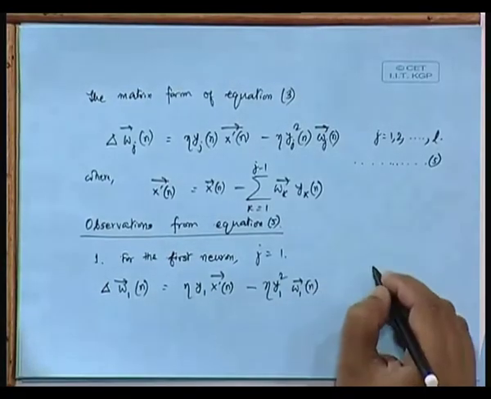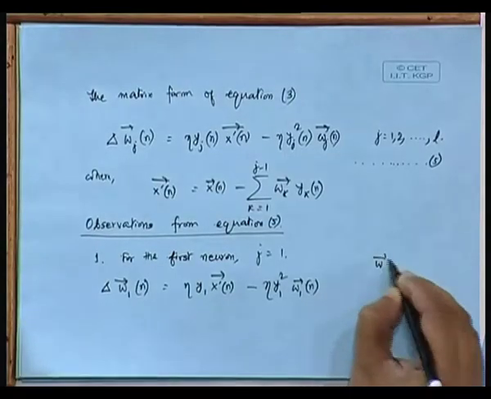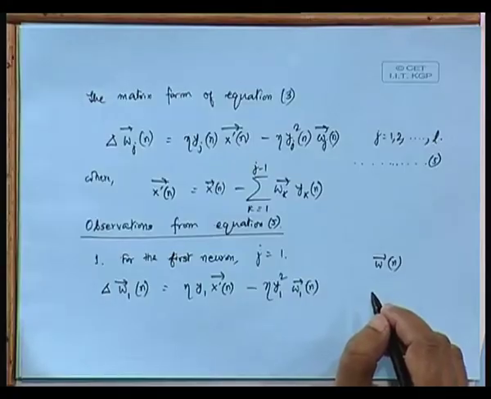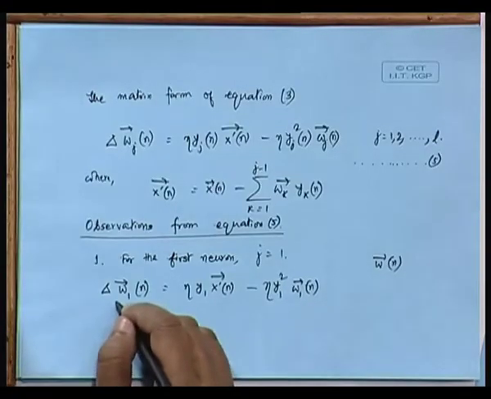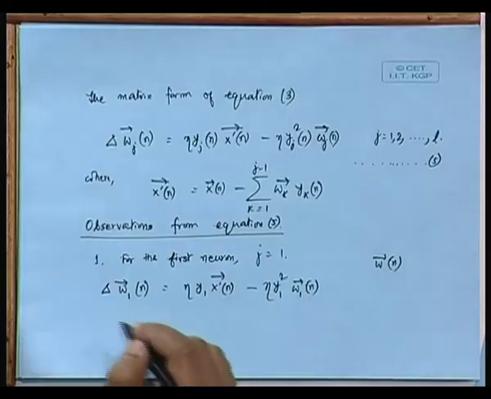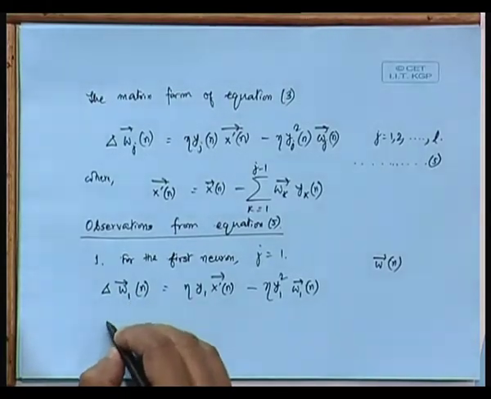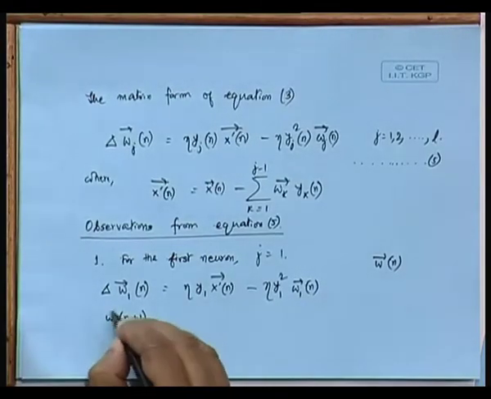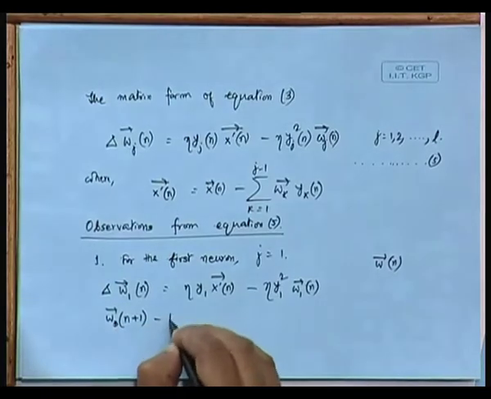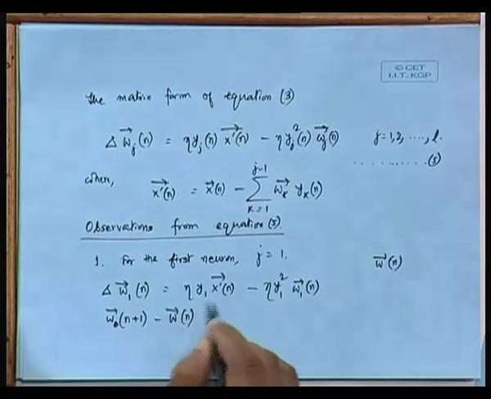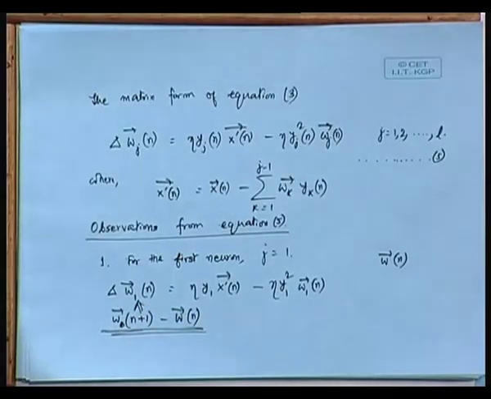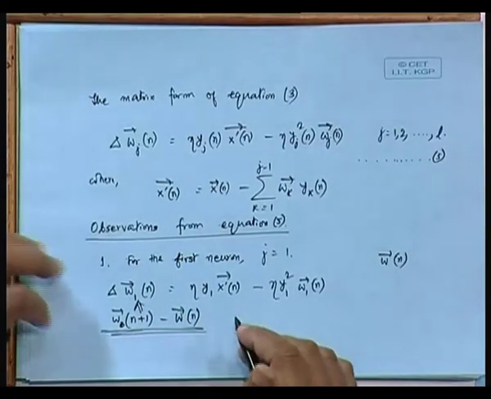Now, instead of W1 n, we can write Wn. So, we interchangeably write Wn for W1 n, and since it is delta W1 n, this is one and the same as saying that it is W1 n plus 1, or Wn plus 1 minus Wn. So, if we write down this for W1 n, then what results is as follows.